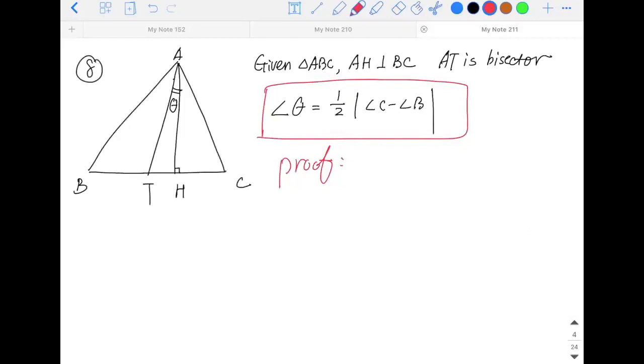So I think in order to prove this, because this is a basic triangle, we don't have any fancy properties, right? We're just going to get started using the basic property of a triangle. So let's check it out from here. This theta, I need to prove basically 2 theta is equal to angle C minus angle B, right?